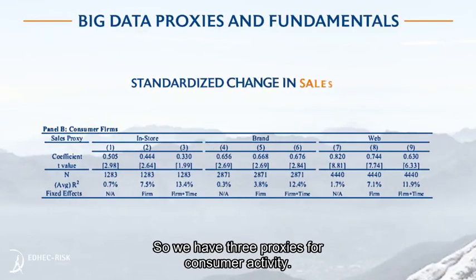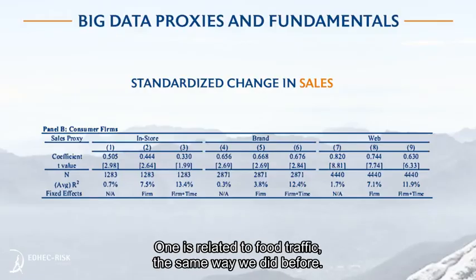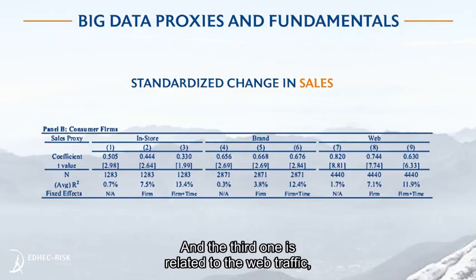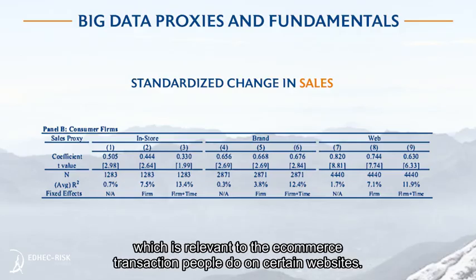So we have 3 proxies for consumer activity. One is related to foot traffic, the same way we did before. One is related to consumer interaction with different brands. And the third one is related to the web traffic, which is relevant to the e-commerce transactions people do on certain websites.